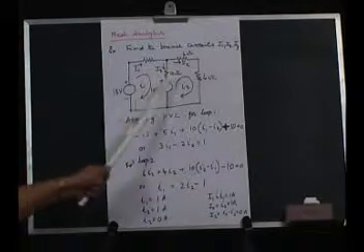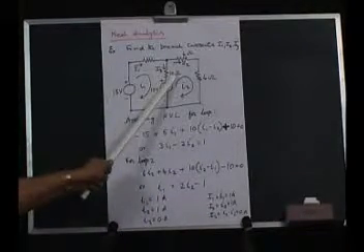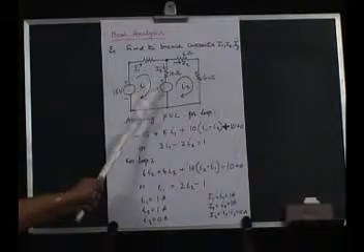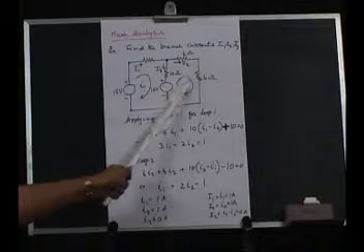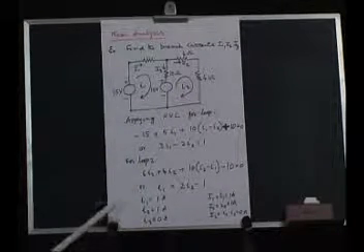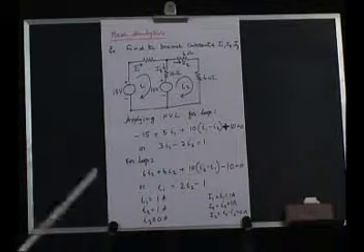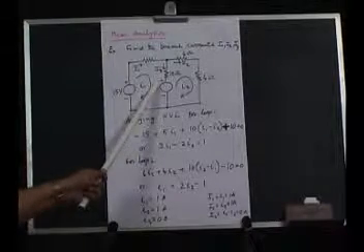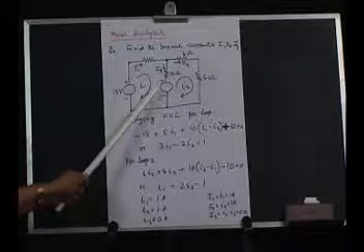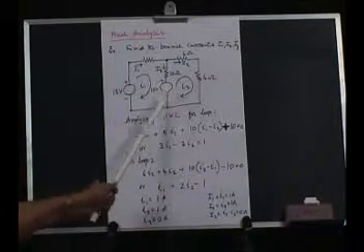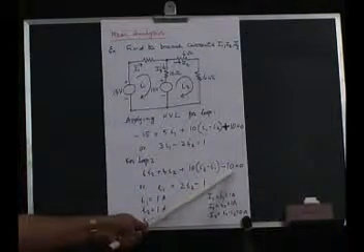We have to be careful about this: 10 into (I1 minus I2) is the drop here. We have to consider the next loop current also. For the second loop, what are the voltage rises? There is one voltage rise, the rest are drops. And what is the voltage rise? Voltage rise is minus 10 volts because it is a rise, we are putting it as minus 10.